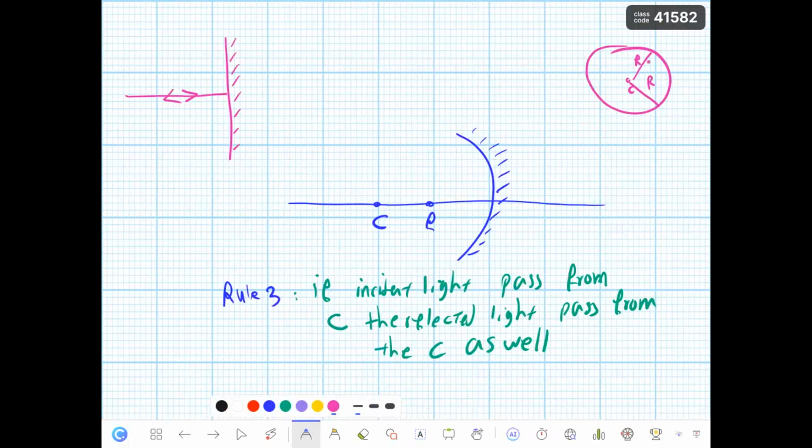Any line that connects the center to the surface of the sphere is perpendicular. So if I draw this incident line here, it is like one of these radius lines. Because this line is always perpendicular to the surface, the reflected one is going to be exactly along it. Let me show with a different color. This is going to be the reflected.